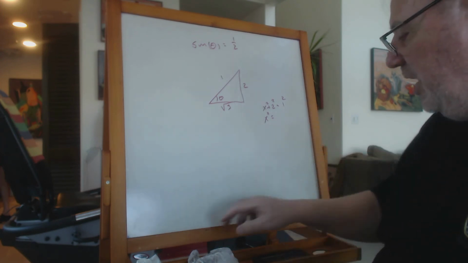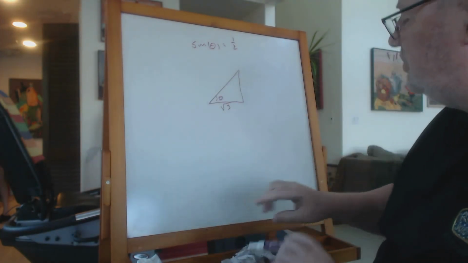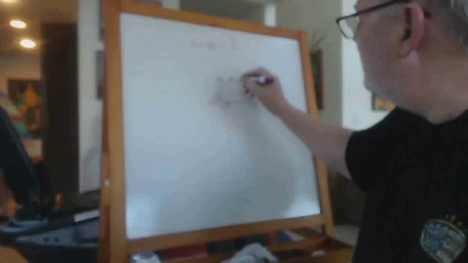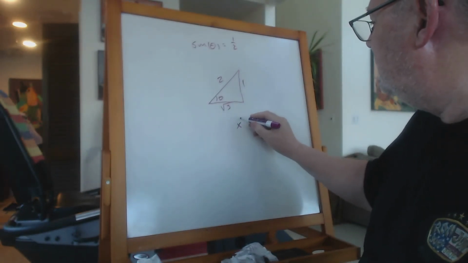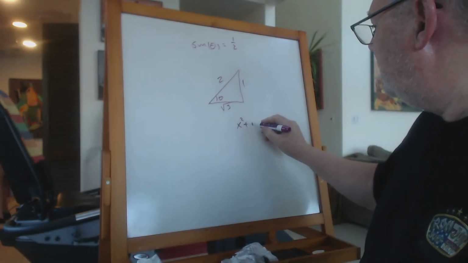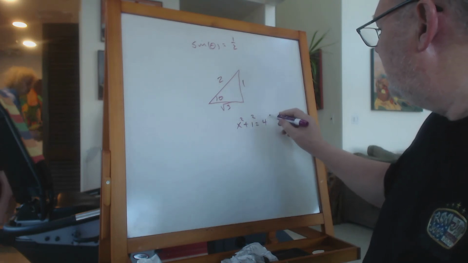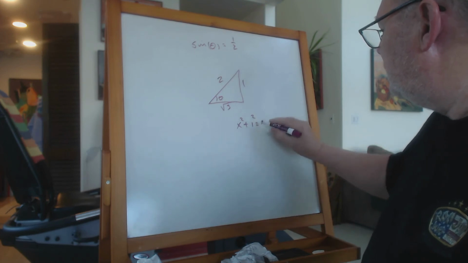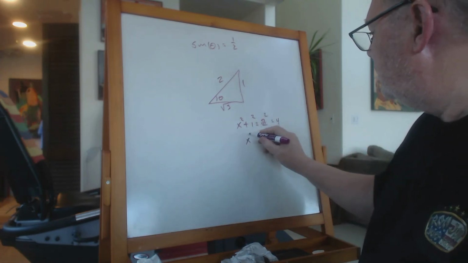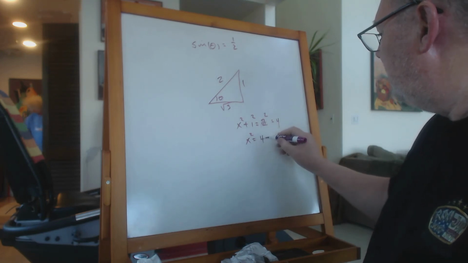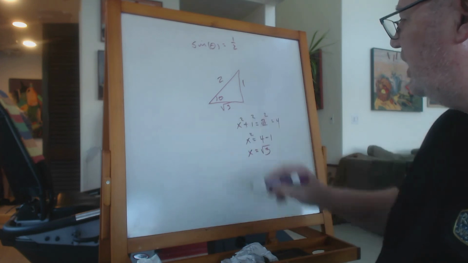Let's see, I have this backwards, I'm sorry. This is 2 and that's 1. And x squared plus y squared equals r squared, which is 2 squared is 4. So x squared equals 4 minus 1. X equals the square root of 3. So that's where we got that.